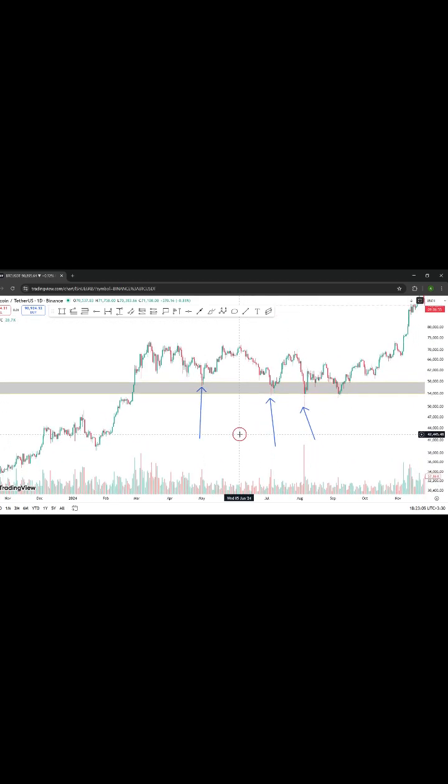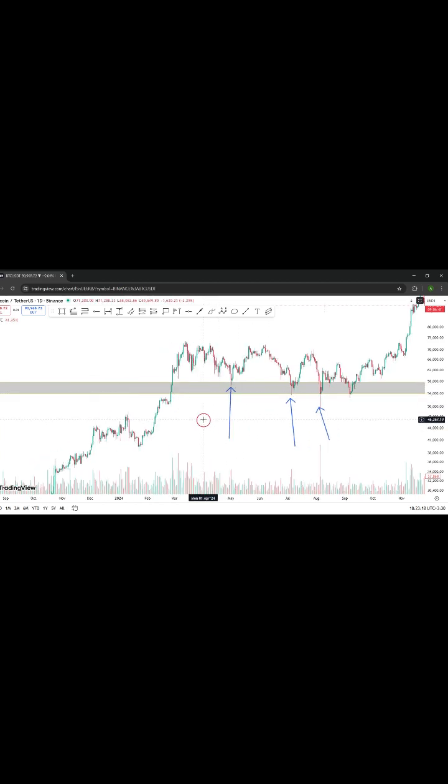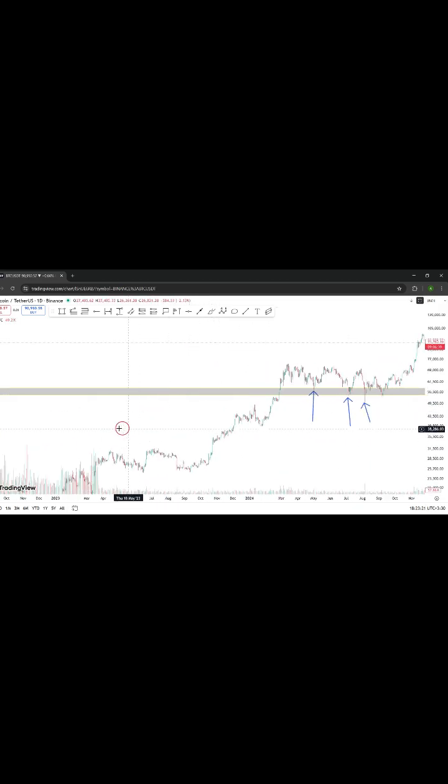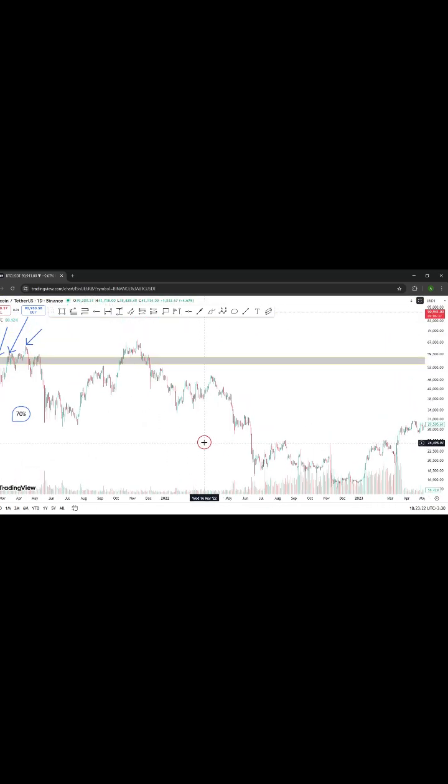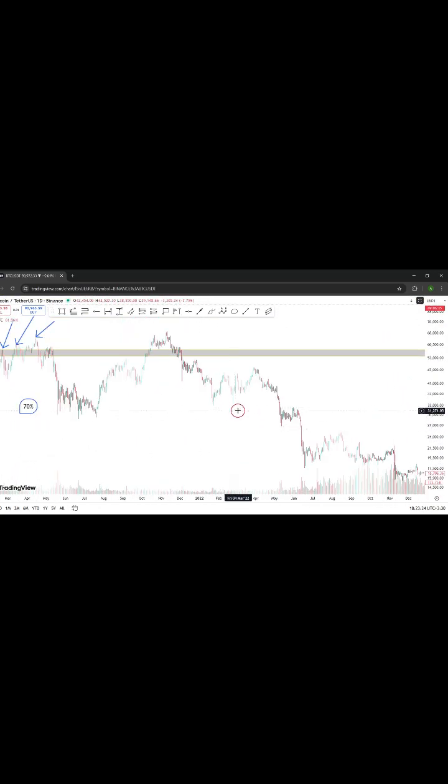They change the characteristic of the support and resistance area. In the past, this area was a resistance area, and now it is support.